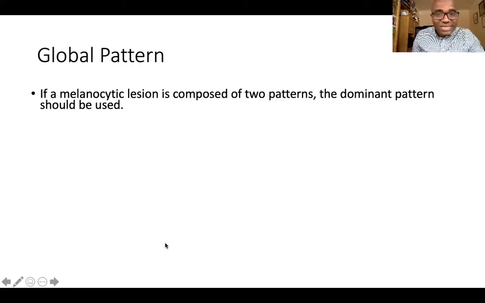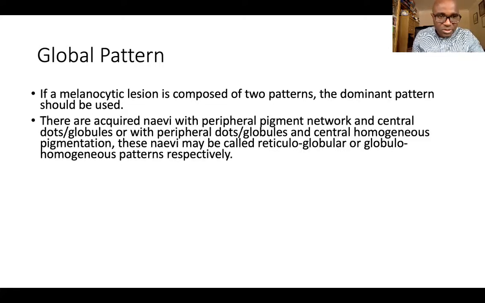If a melanocytic lesion is composed of two patterns, then the dominant pattern should be used. So you might have an acquired melanocytic nevus, which will have a peripheral pigment network and central dots and globules, or peripheral dots and globules with a central homogeneous pigment.